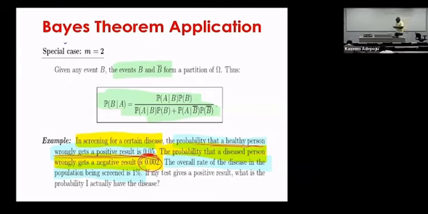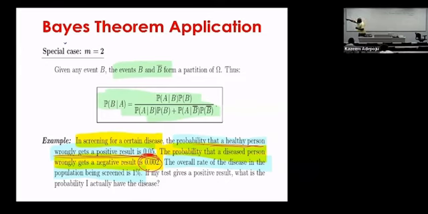How is the sample space partitioned? Those who have the disease and those who do not have. Does that make sense? So if you take a look at B and B bar.